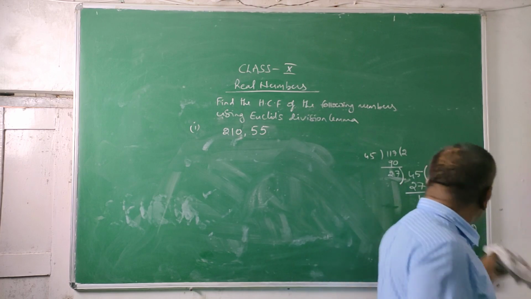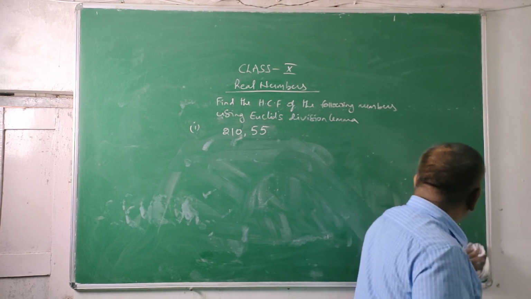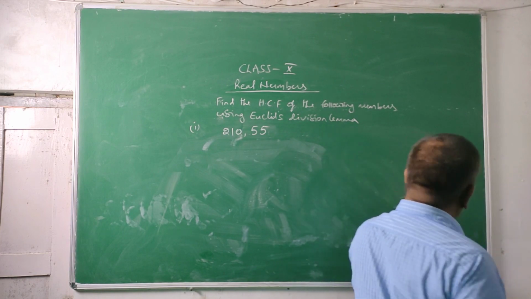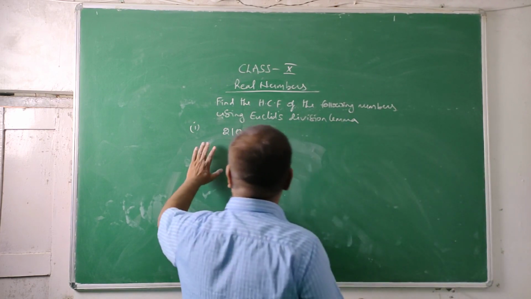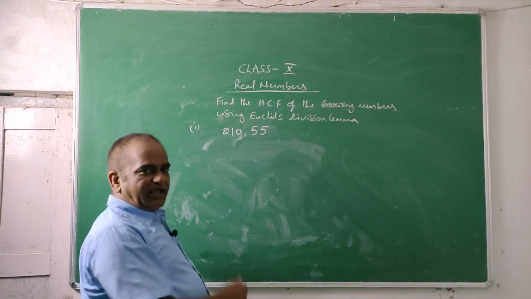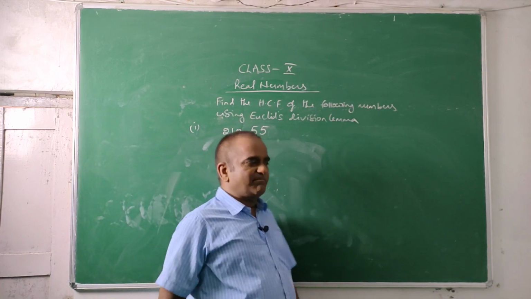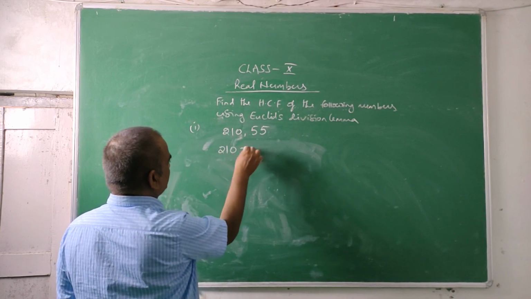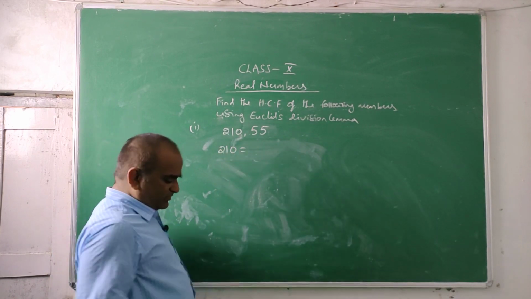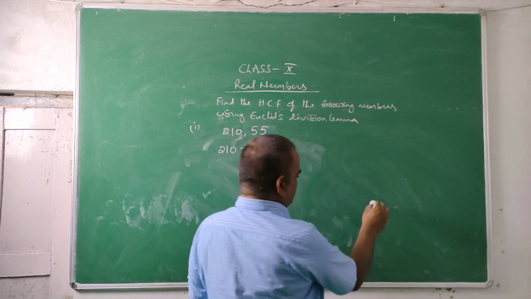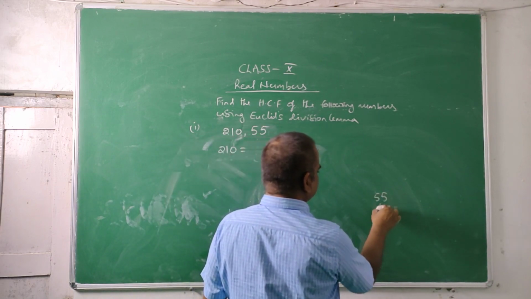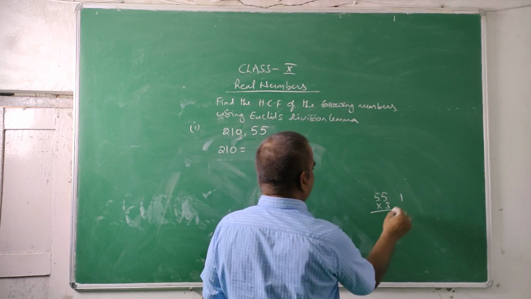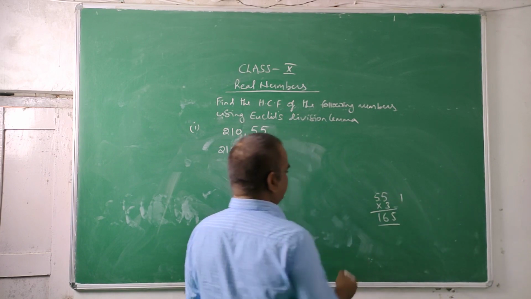So now you see, let us not do this parallel work. Let us just directly face this. Now take the larger number. Larger number is 210. So 210 is equal to, now 55 into 3. 3 5s are 15, plus 1, 16. 165.